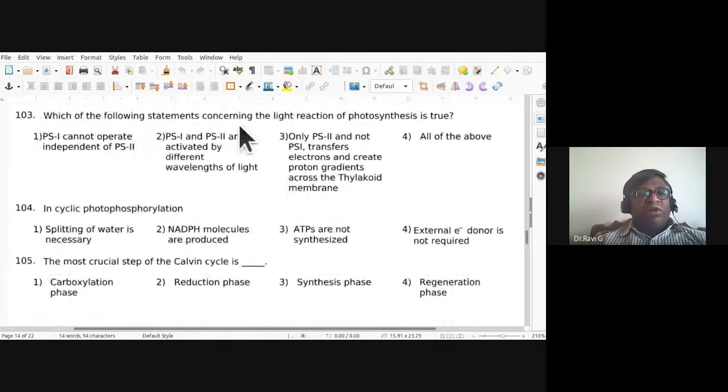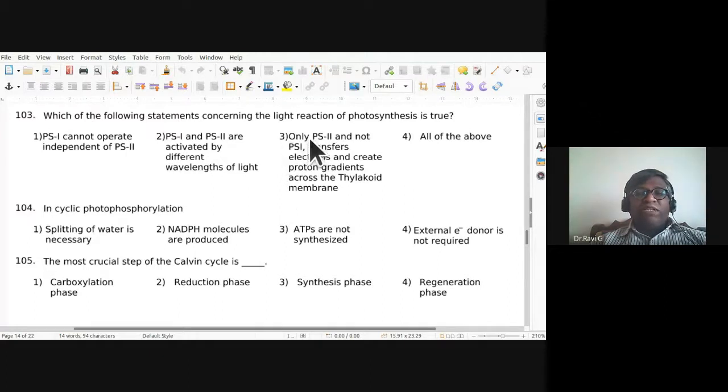103. Which of the following statements concerning the light reaction of photosynthesis is true? Photosystem 1 cannot operate independent of photosystem 2. Photosystem 1 and photosystem 2 are activated by different wavelengths of light. Only photosystem 2 and not photosystem 1 transfers electrons and creates proton gradients across the thylakoid membrane.